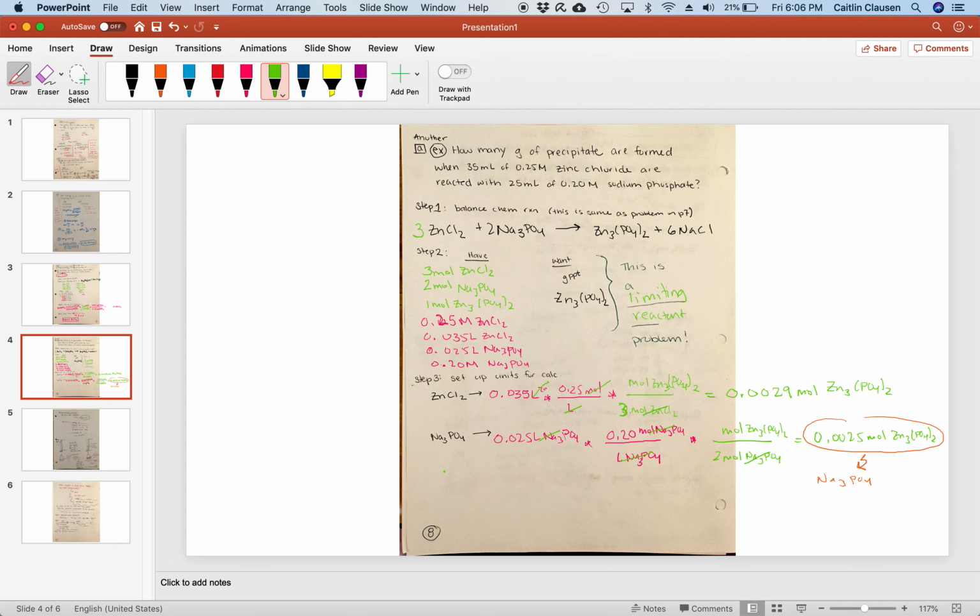So moles to grams, I do the molar mass. 0.0025 moles zinc 3 phosphate times the molar mass, which would be 386.11 grams per mole.